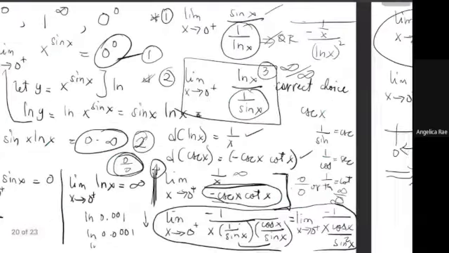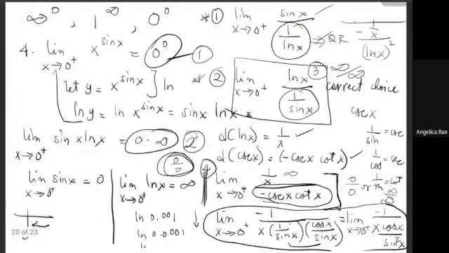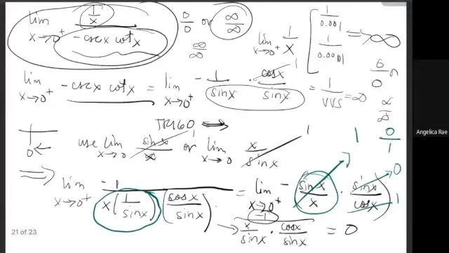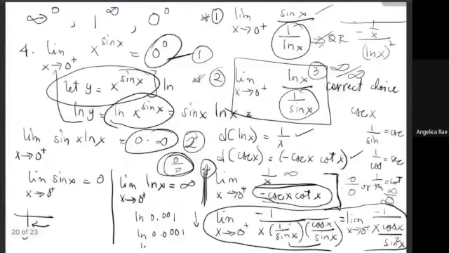Kaya lang, meron tayo kasi sa umpisa ng ganito. Diba? So yung x raised to sine of x, yan ang 0. Okay? ln of x sine, yan ang 0. Kaya yung limit as x approaches 0 from the positive side, nagre-write tayo, di ba?